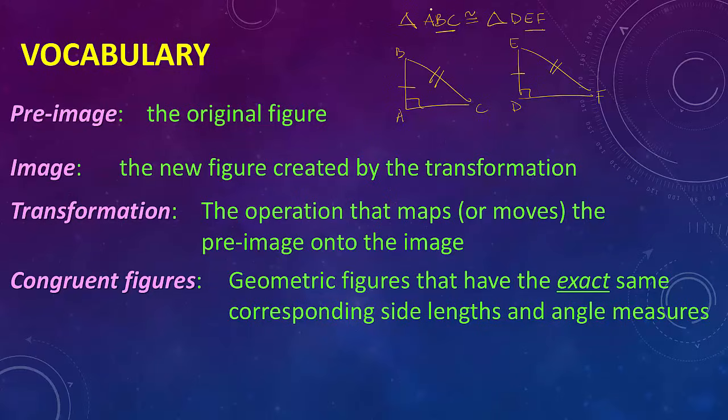And then finally, if you took the last 2 letters of each one, that would be the third congruent side. And then for angles, which we're really not going to get into a whole lot this unit, angle B would be congruent to angle E, angle C would be congruent to angle F. So you see these marks I'm making, those show congruence.